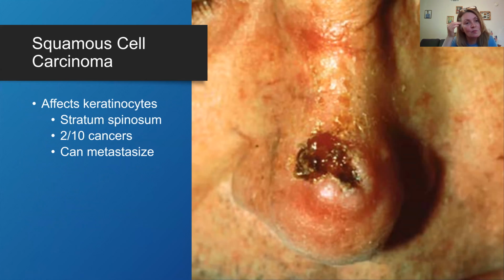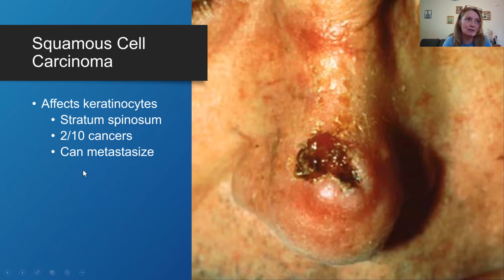Squamous cell carcinoma affects keratinocytes. We have stratum basale, and then we have stratum spinosum. So that affects keratinocytes mostly in the stratum spinosum. If you take 10 skin cancers, 2 out of 10 will be squamous cell carcinoma.